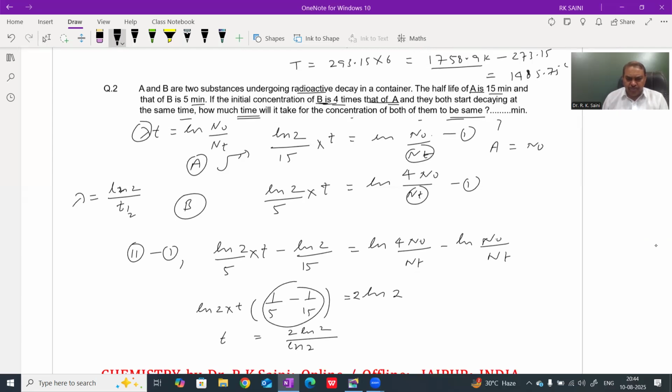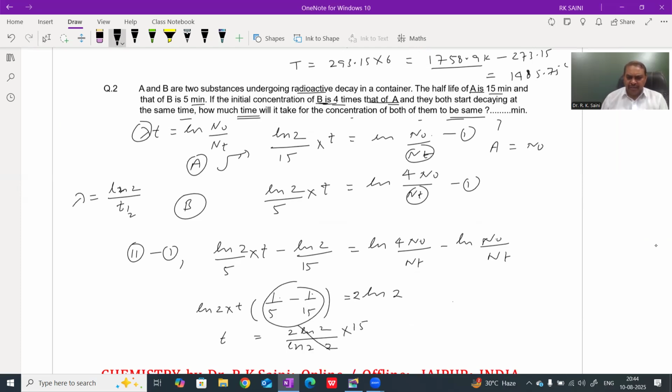On solving this problem, the LCM is 15, and 3 minus 1 gives 2 upon 15.